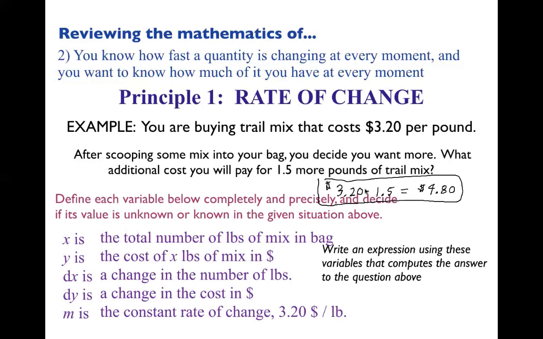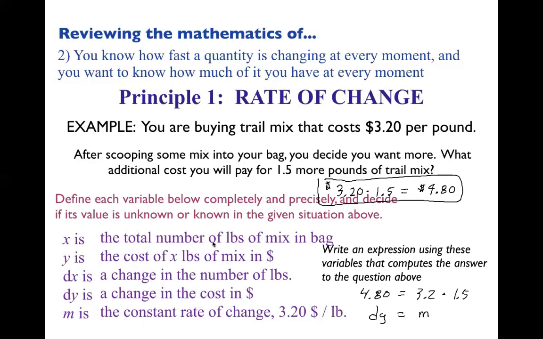So I'm going to do it this way. If 4.8 equals 3.2 times 1.5, then the 4.8 is actually how much our cost changed. So it's dy. And the 3.2 was our rate of change.